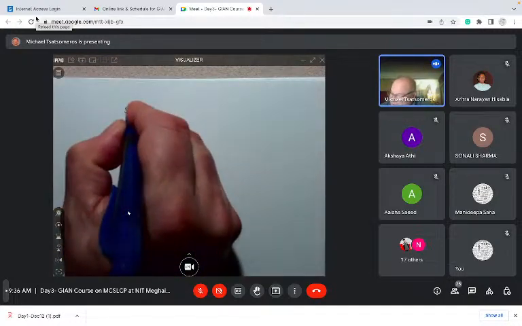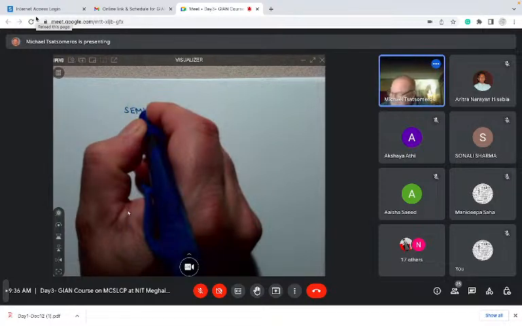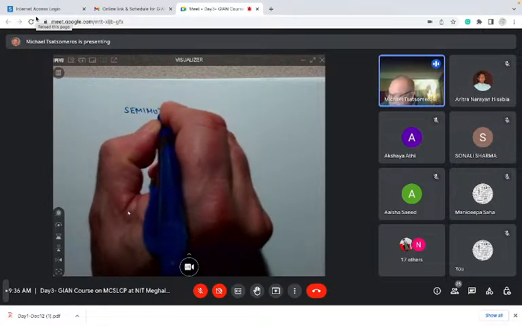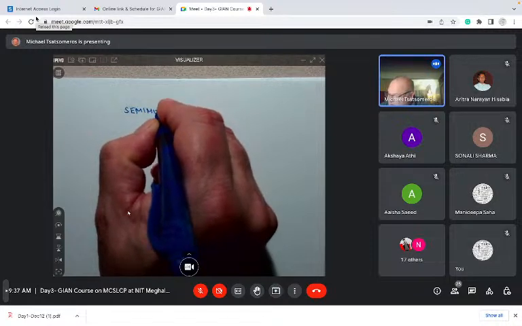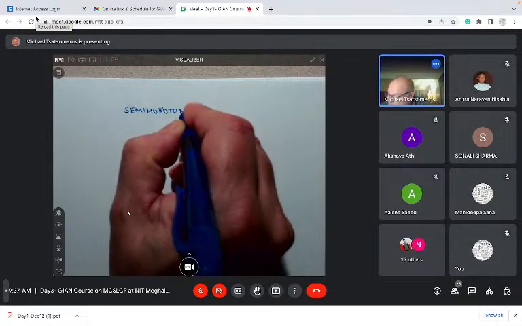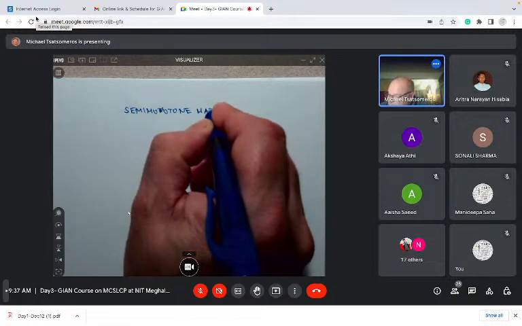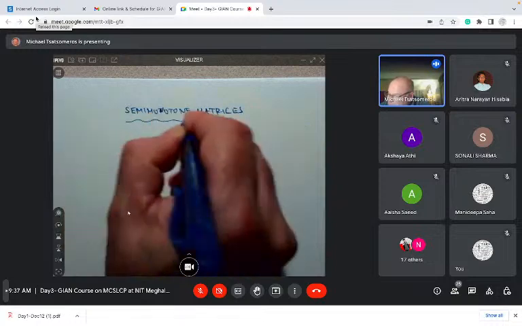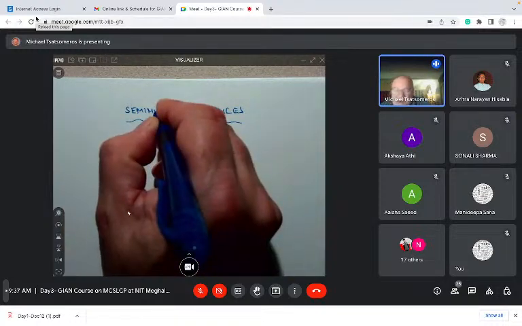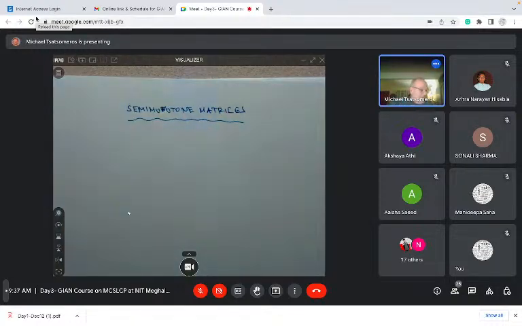I'm not going to talk about central matrices today. We've discussed semi-monotone matrices. It's the class E that we put in a tree of classes yesterday.